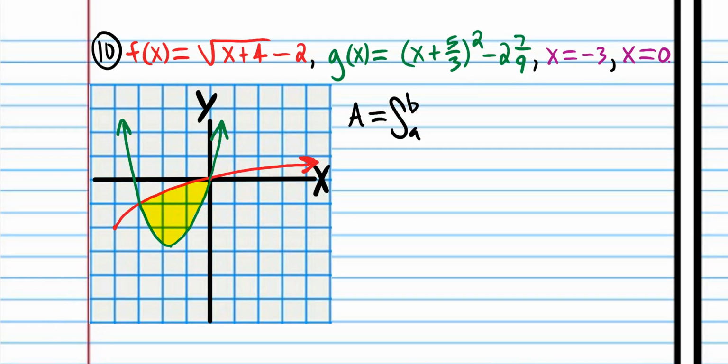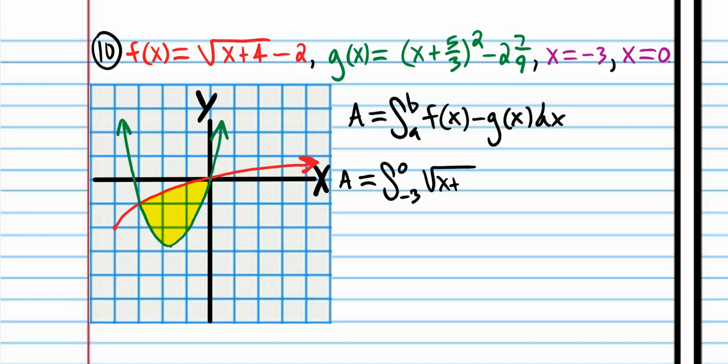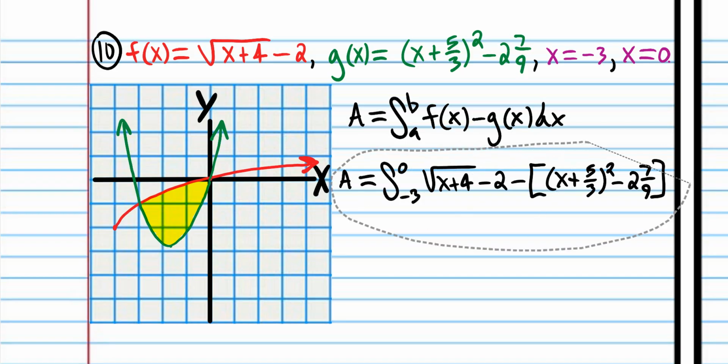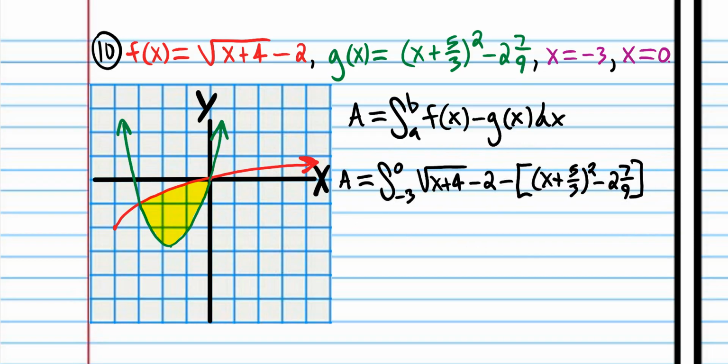So we're going to do the same thing that we did before. It's no difference. We're going from -3 to 0. f of x is root x plus 4 minus 2. We're going to subtract g of x, which is x plus 5/3 squared minus 2 7/9. Okay.